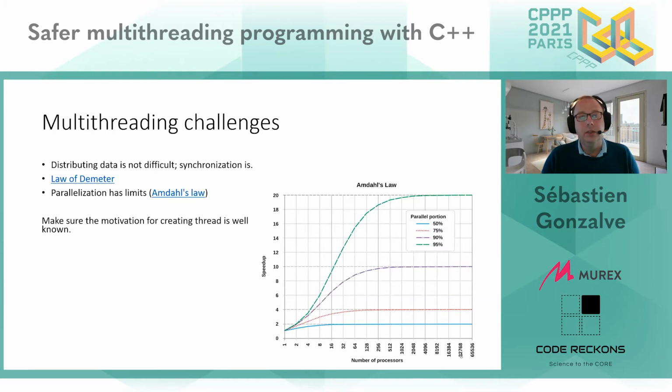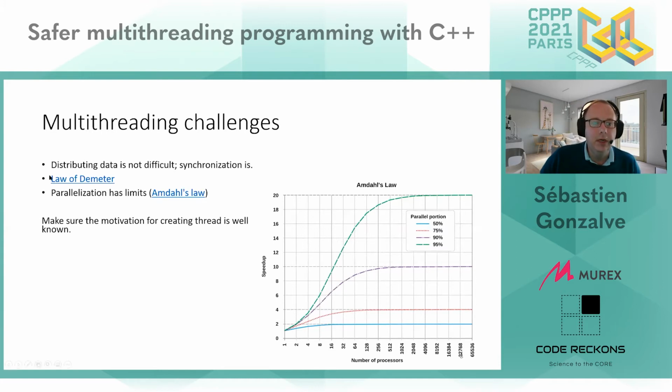If you are using something like Git to handle your patches, just creating branches is not difficult. Merging things is difficult. It is the same for threads. So keep that in mind: just distributing is not difficult.